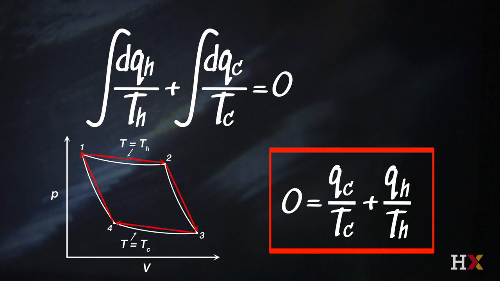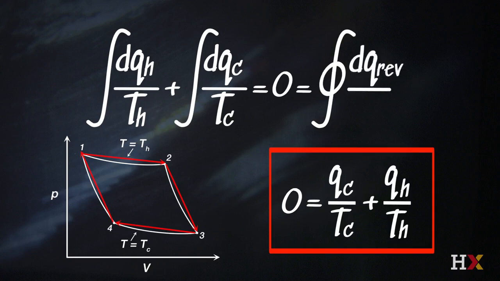Or I can write this a slightly different way. I can equate this to the integral around the entire cycle, which I can represent by this circle, of the change in the heat added in each step. And I know when I'm coming around a Carnot cycle that I'm doing this reversibly in those very small increments divided by the temperature.